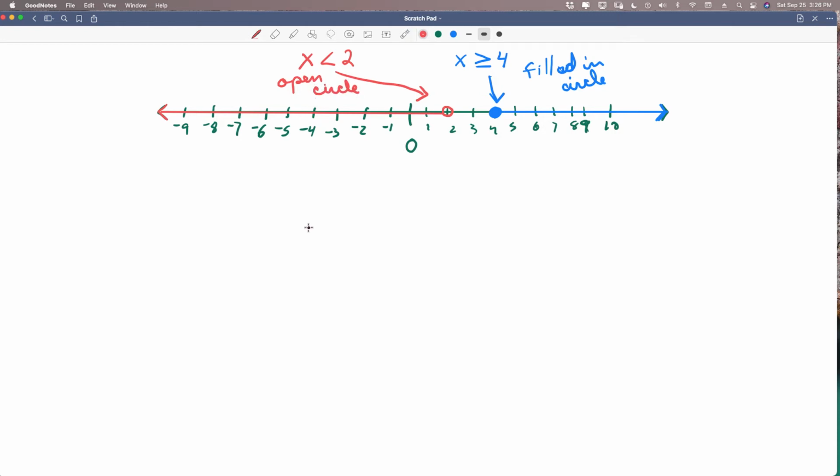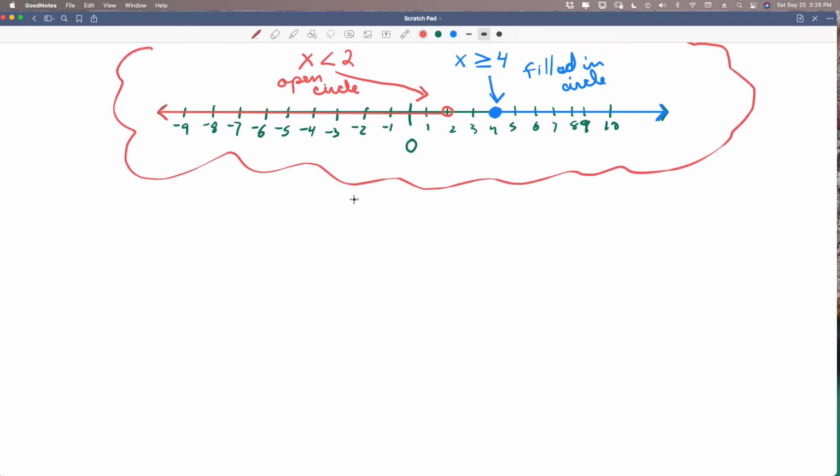Right? If there's no equal to sign under it, it's going to be an open circle. So that's a note you need to have written down. That less than is an open circle and greater than is an open circle if there's no equal sign underneath it. The equal sign means to fill in the circle.